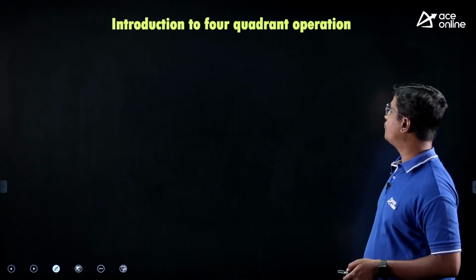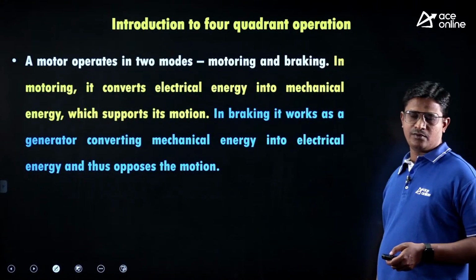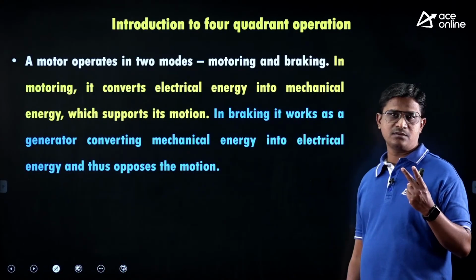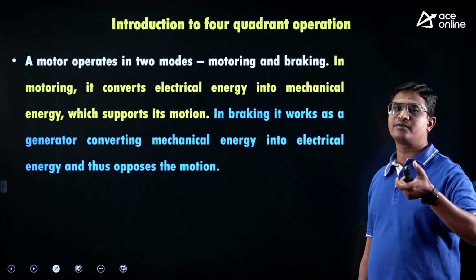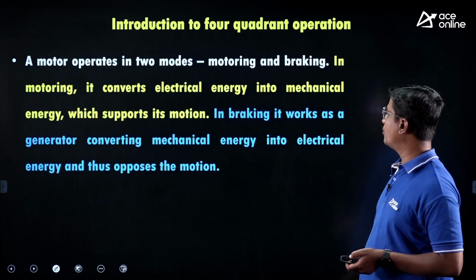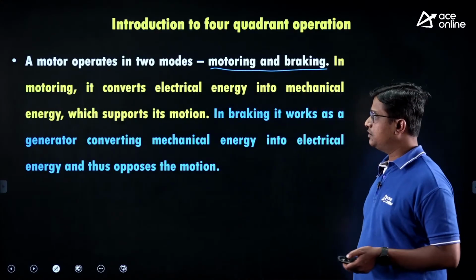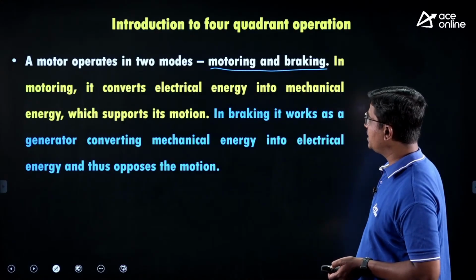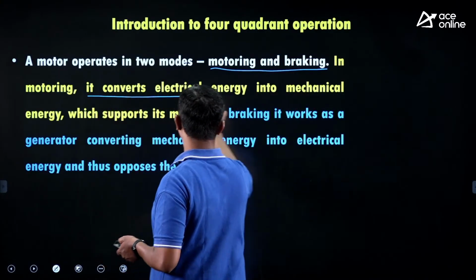Next, introduction to four quadrant operation. We have two modes, motoring and braking. In every mode, we have forward and reverse. A motor operates in two modes, motoring and braking. In motoring, it converts electrical energy into mechanical energy.